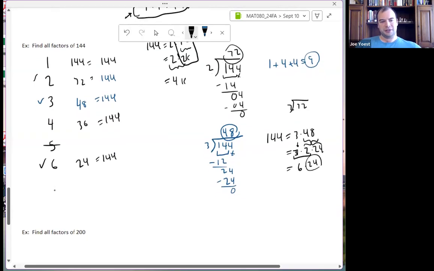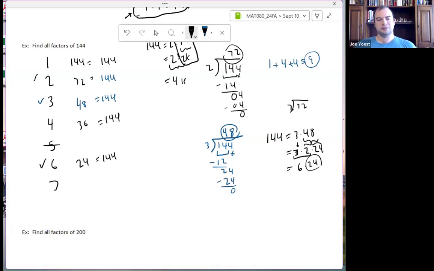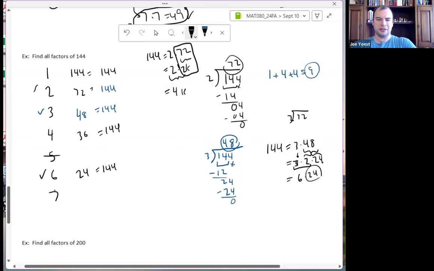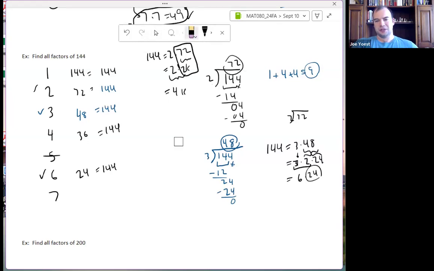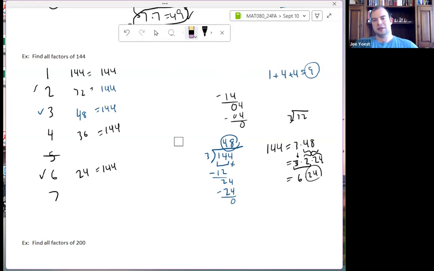Is it divisible by 7? Well, I said that there is a divisibility rule for 7, but it's kind of tedious and complicated, and this isn't that bad of a problem. Let me give myself a little more space over here for scratch work.